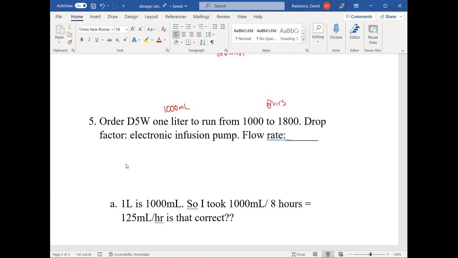And so anyways, 8 hours. So how she set this up is correct. 1,000 milliliters. I even think I got this question emailed to me too. Per 8 hours. And then I'm just going to reduce that, 1,000 over 8 should be 125. Yeah. 125 milliliters per hour.